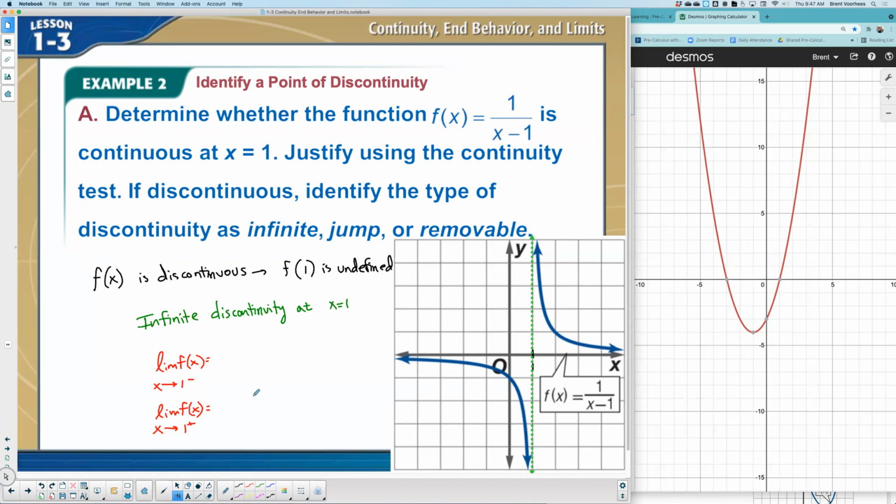It's going down. What symbol represents down? Negative infinity. By the way, the way you're tested on this is you'd be given this portion and you'd have to fill in a blank. You need to understand you're being asked, what's the graph doing on the left side? And you would say, oh, it's going down. So the blank you'd fill in is negative infinity.